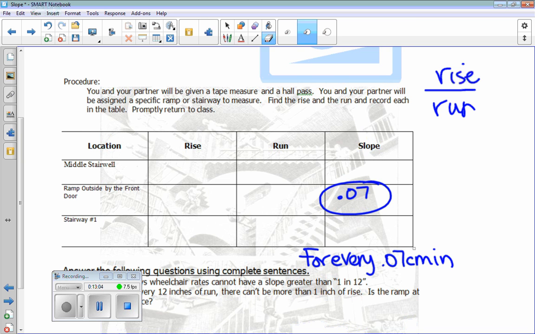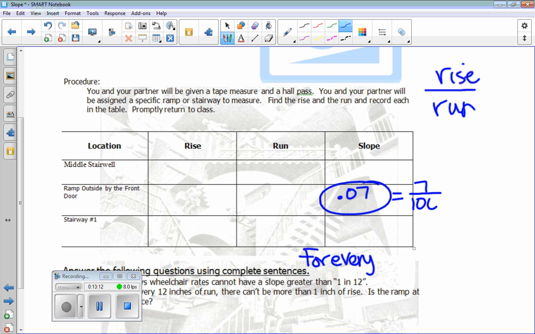So how do I convert 0.07 to a fraction? 7/100. Okay, so for every 7 centimeters in what? 7 is a rise or a run? Right. So for every 7 centimeters in height of the ramp, how long does the ramp have to be?